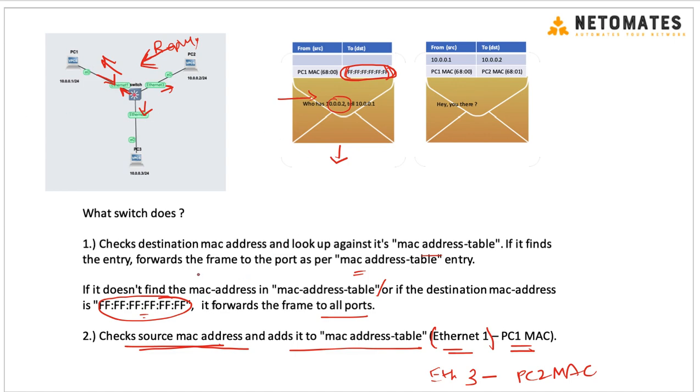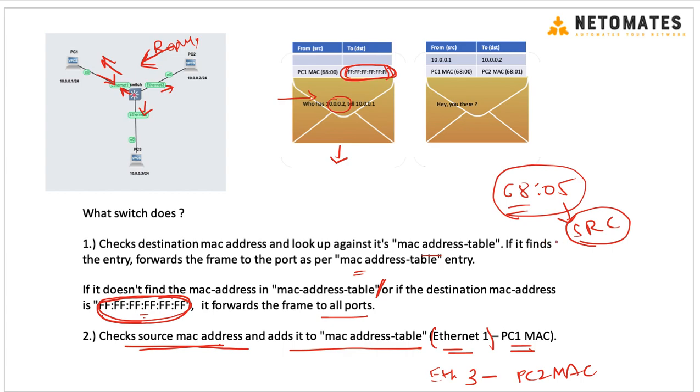When a switch receives a packet with the destination MAC address of all Fs, it will send it to all the ports. There is another scenario as well. When the switch doesn't find a MAC address in the table, suppose you have some specific MAC address, let's say ending with 6805, and the switch doesn't find any entry in the MAC address table, in that case also it will send it to all the ports, because the switch hasn't received any packet so far with the source MAC address as this one, so it won't be able to add it to the MAC address table.